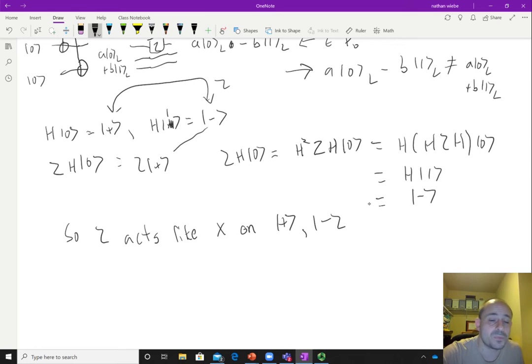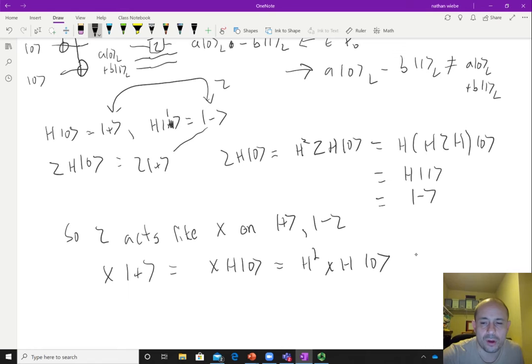Similarly, if we take X acting on plus, then going through the exact same argument, that's the same thing as X acting on H|0>, which is H squared XH|0>, which is the same thing as HZ|0>, which is plus.